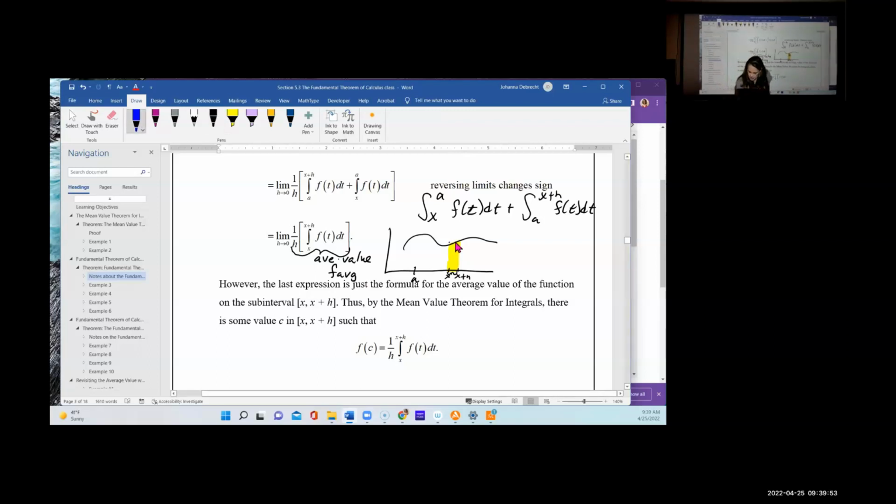So looking at our picture over here, there has to be some C right here that's equal to that average height. And C is between X and X plus H. So now we've got that interval. I guess I should have made the interval a little larger so we could see it a little better. So I've got to have some C value where the function value at C is equal to that average value.